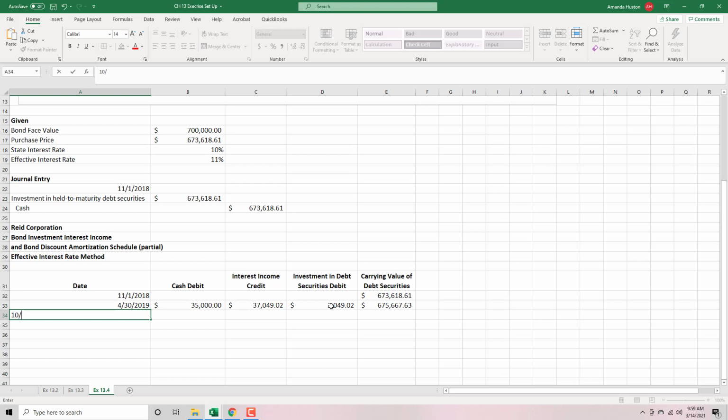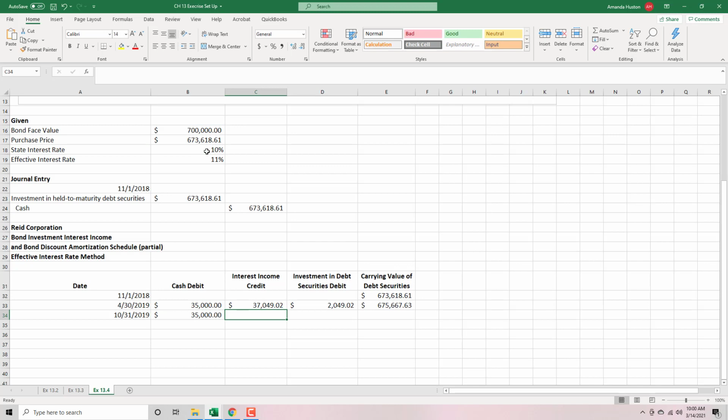Now the interest income is the carrying value times the effective interest rate times 0.5. Sorry, it shouldn't be the same amount. It should go up. It's the carrying value that was here, so I just touched the wrong cell, times the effective interest rate times 0.5 for semi-annual interest.